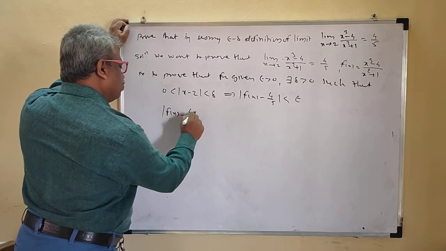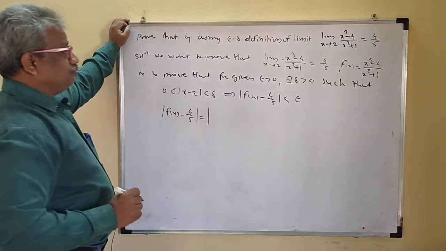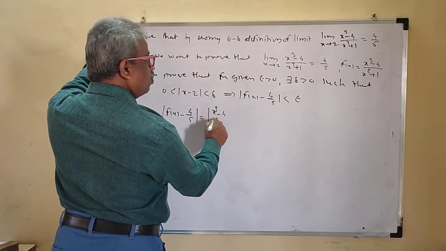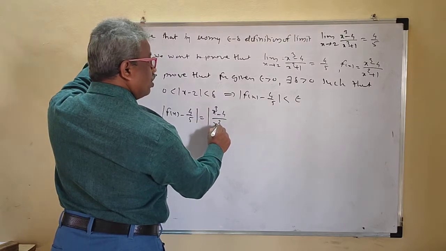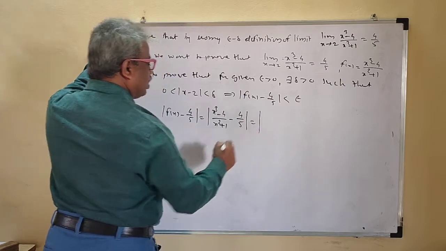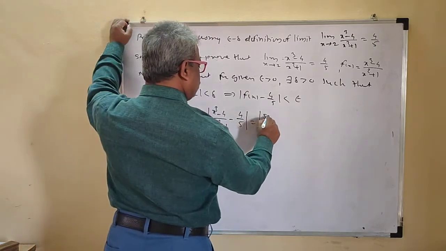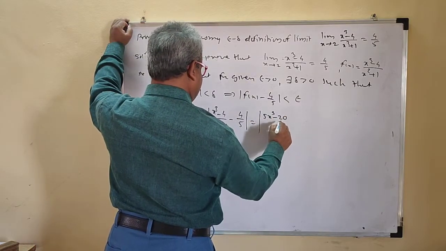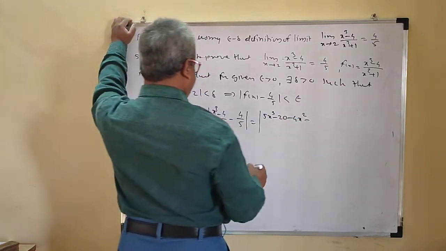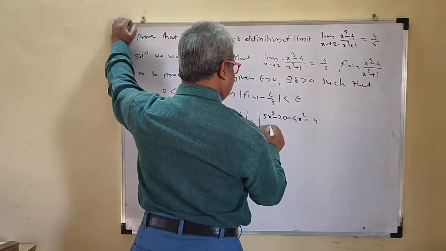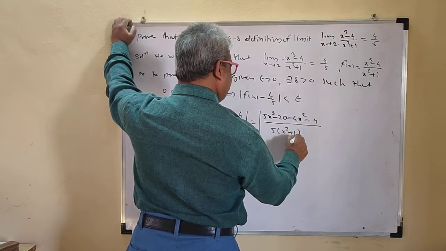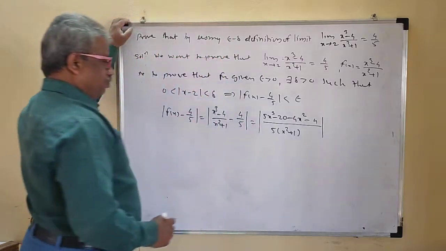F of x minus 4 by 5, this is equal to x cube minus 4 upon x square plus 1 minus 4 by 5. So this is 5x cube minus 20 minus 4x square minus 4 upon 5 times x square plus 1.